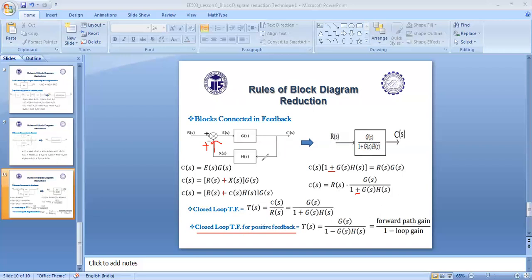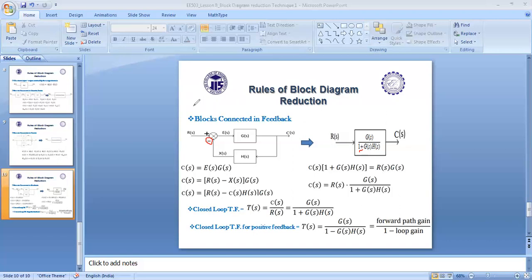That means if the feedback signal is entering the plus terminal of the summer, then the sign in the denominator of the overall transfer function will be minus. If feedback is entering the minus terminal, then the sign in the denominator will be plus. So these are the basic rules associated with the block diagram reduction technique.